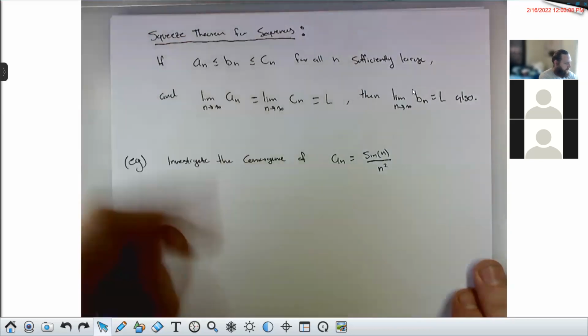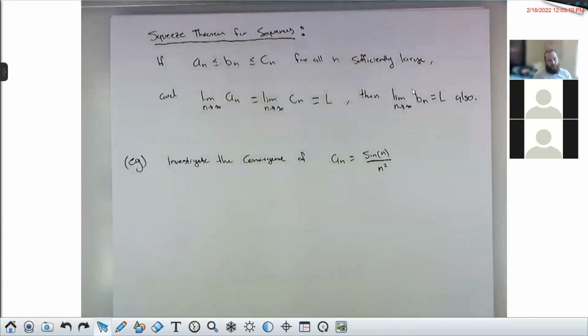If we just try to write down the limit, I want to say whether the sequence converges or diverges. If it converges, I'd like to say what it converges to.